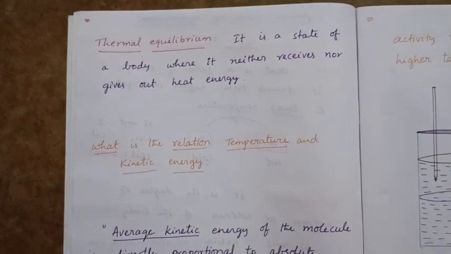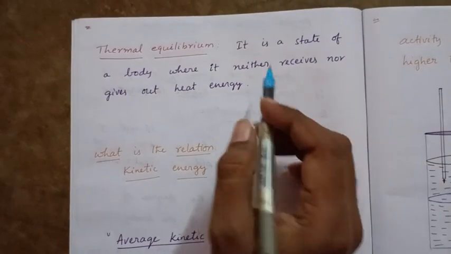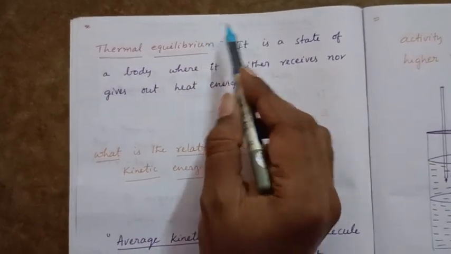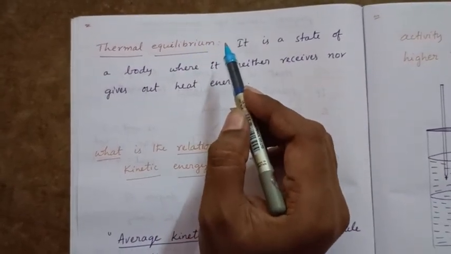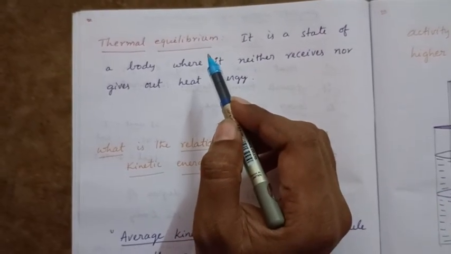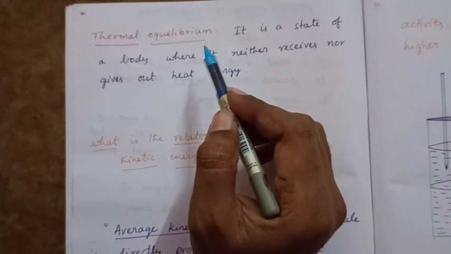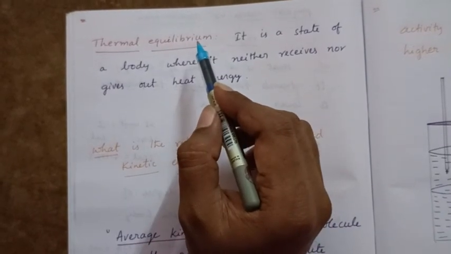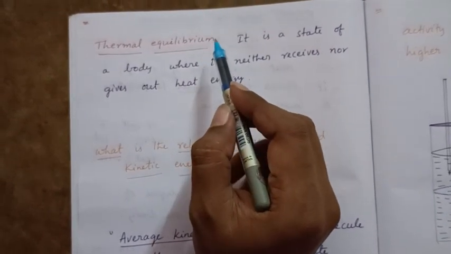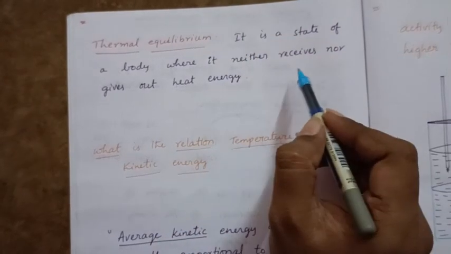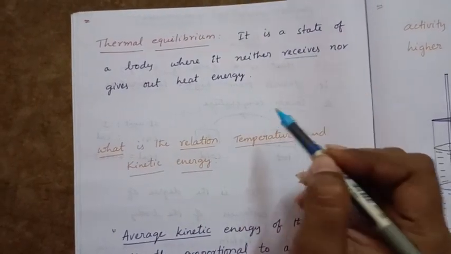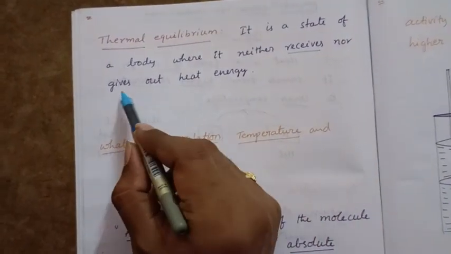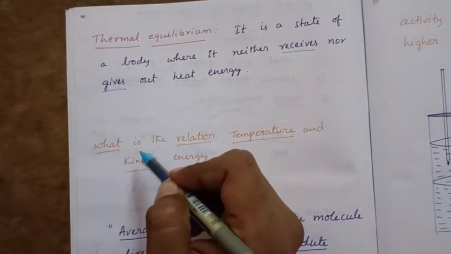Now, what is thermal equilibrium? When two bodies are in contact, if they attain the same temperature, in that state neither body is able to receive heat energy or able to give heat energy.